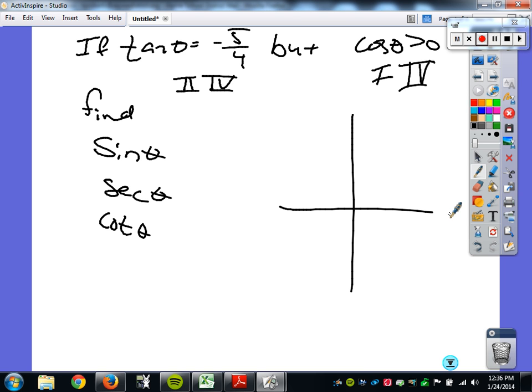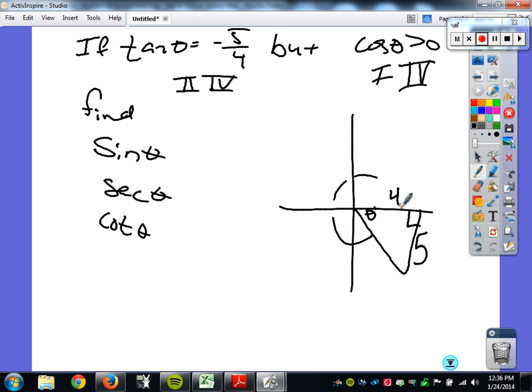Okay, so I draw down here. Remember, we always draw back to the x-axis. Here's our theta. Technically, this is like a theta prime, but it really doesn't matter. So if I'm standing there, I say, okay, tangent is opposite over adjacent.